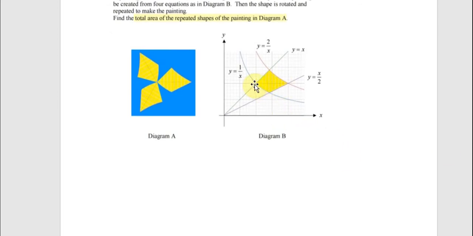First we need to find the intersections between the four curves. So now we need to find the intersection between 1 over s and s in here.